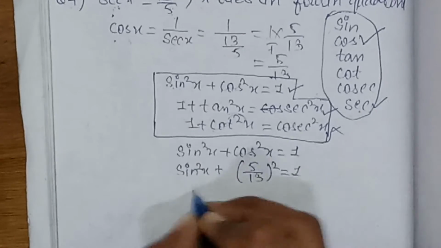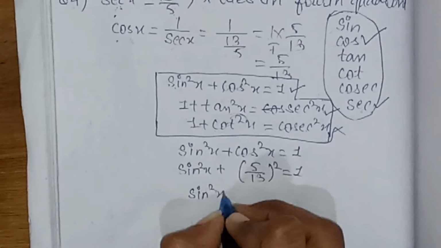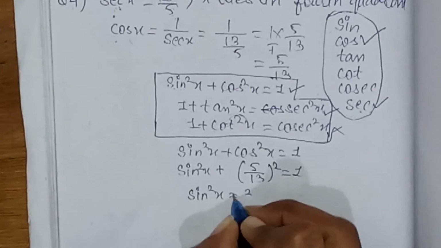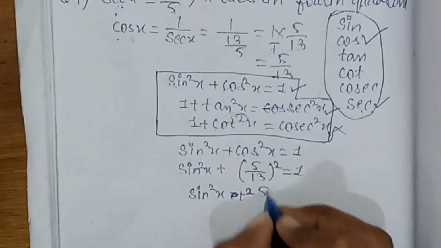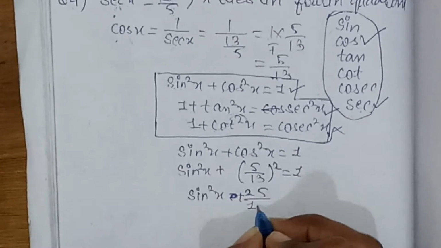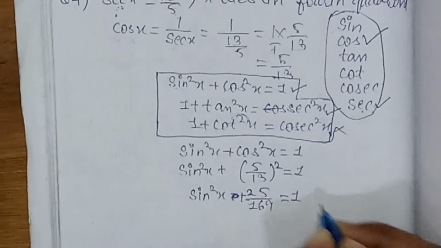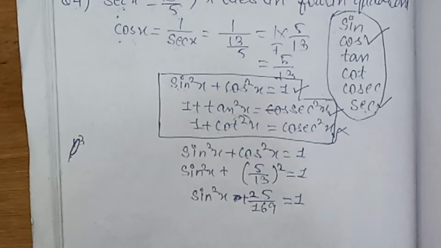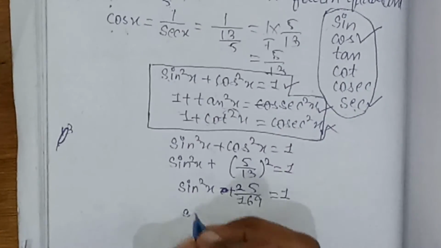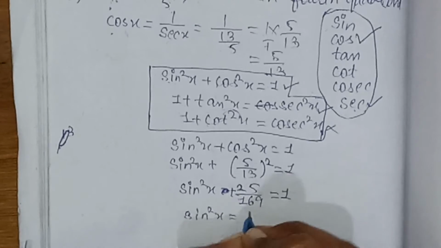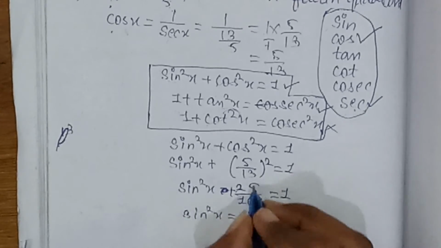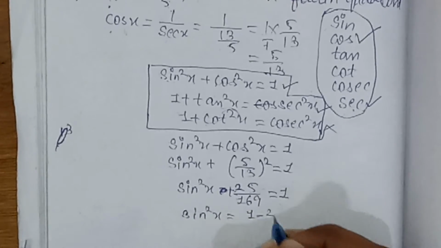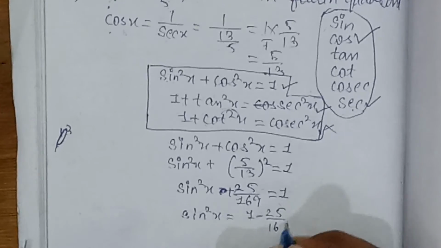So sin square x plus 5 square is 25 over 13 square is 169, equal to 1. So sin square x is 1 minus 25 by 169.